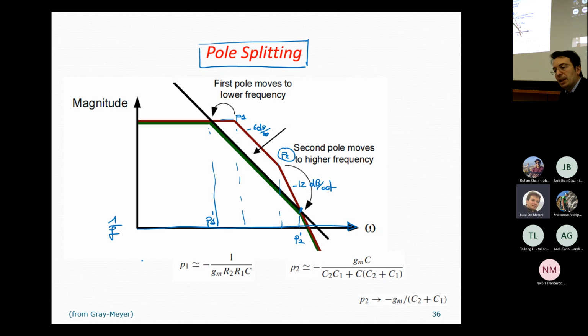And what is depicted here is the worst possible situation for stability, in the sense that this is the case in which the zero value is smaller than the second pole.